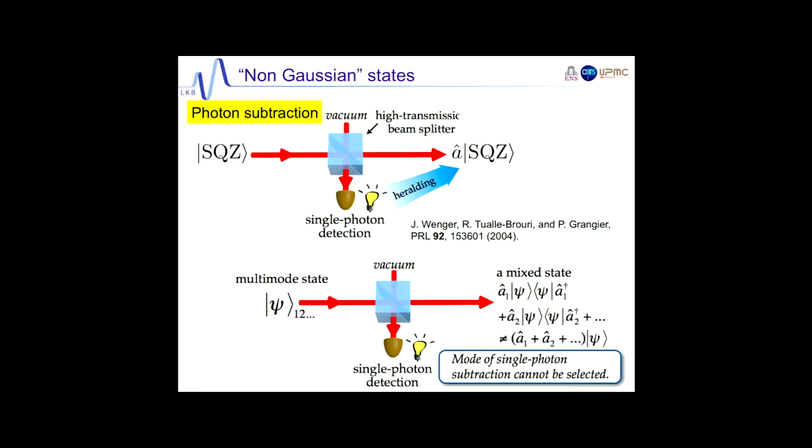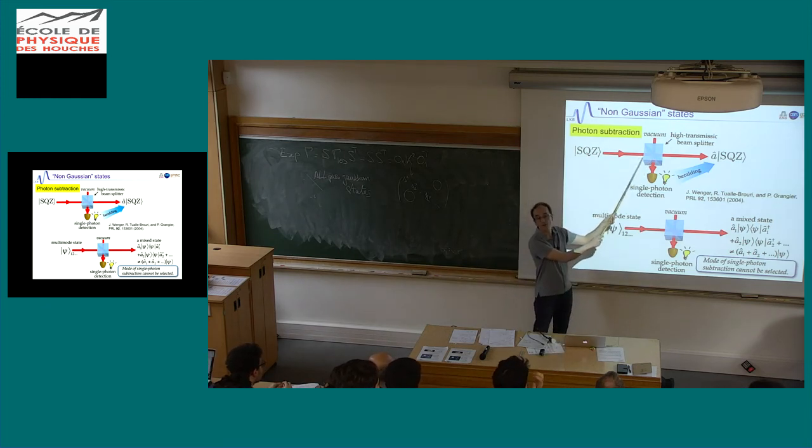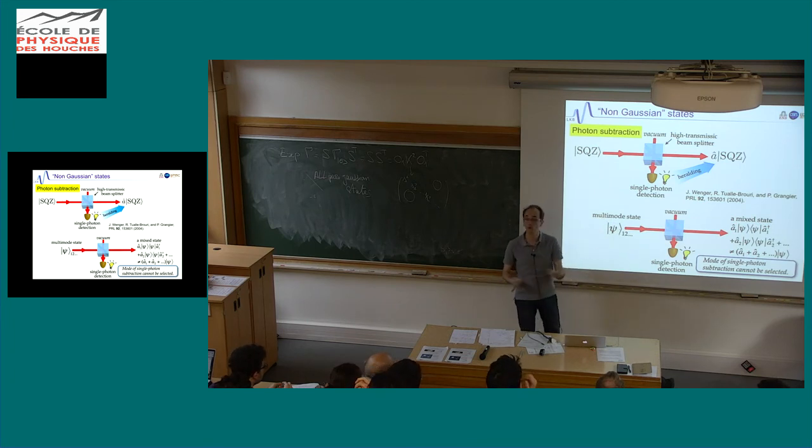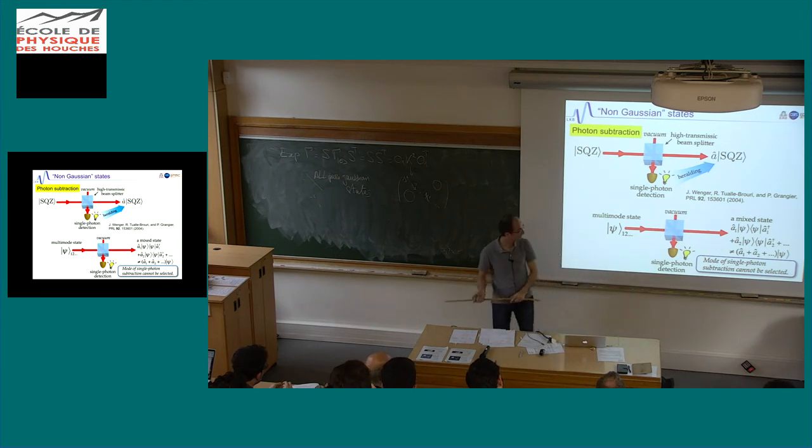And why doesn't it work? It's a bit like we have seen before for the single photon generation. Your beam splitter here is not mode selective. So it will reflect the photon from all the modes, and you don't know which one you will measure. So at the output, if you start from a pure state, psi, you will get a statistical superposition between removing a photon in mode 1, removing a photon in mode 2, removing a photon in mode 3, and so on.